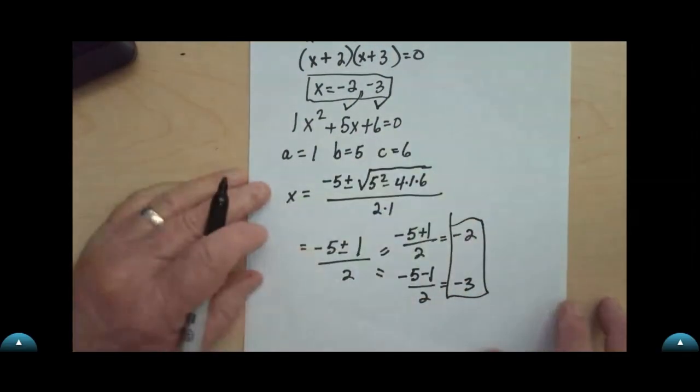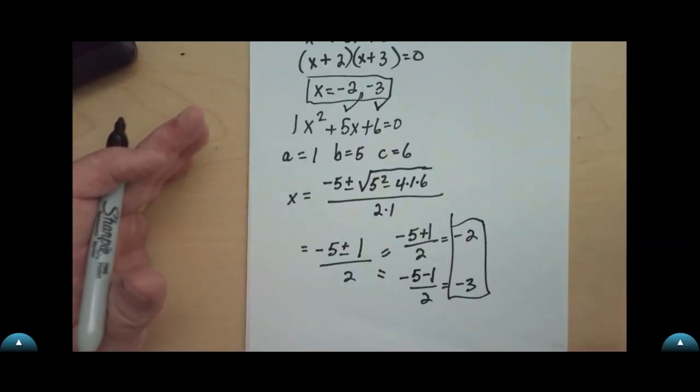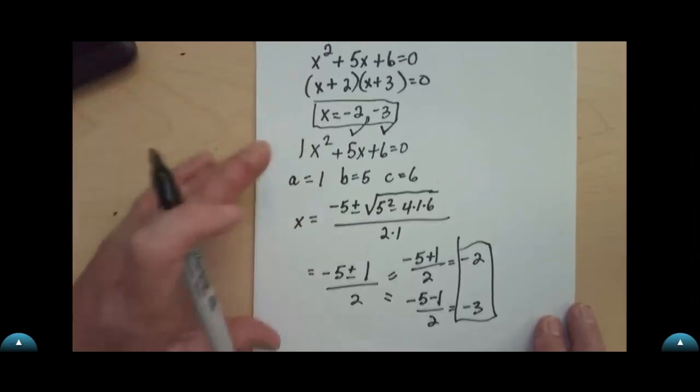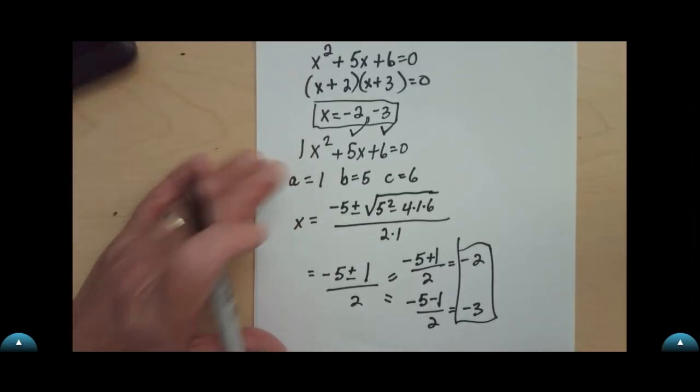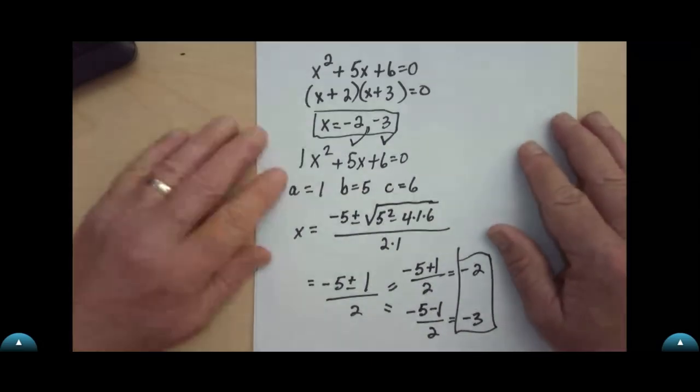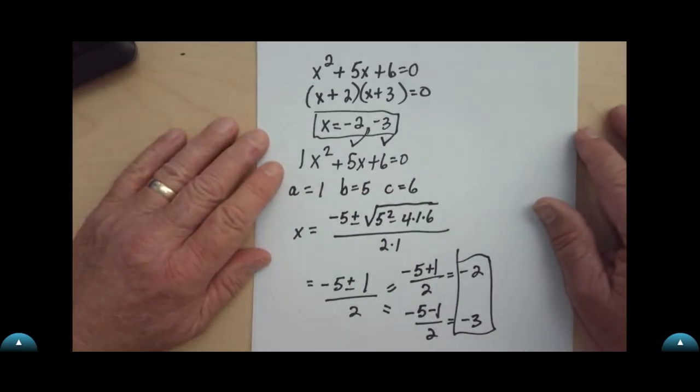So the quadratic formula solves every quadratic equation. It doesn't matter if it can be factored or if it can't be factored. The quadratic formula will give you the solutions. Now, because of that, I always have students who say, well, in that case, sometimes I'm not great at factoring. Sometimes I couldn't figure out how to factor them.